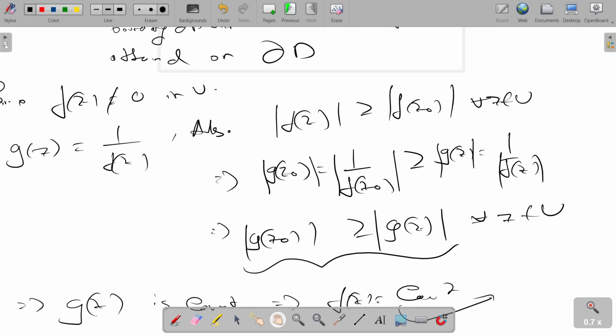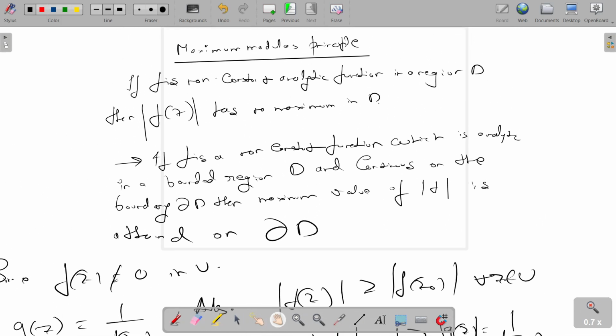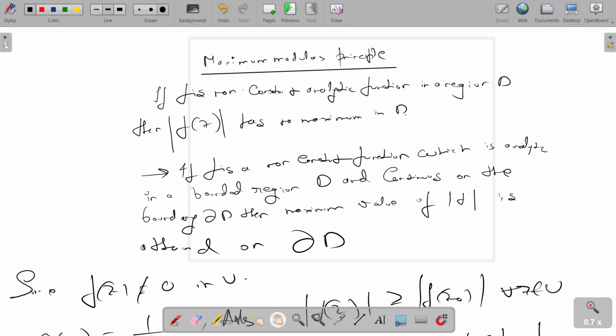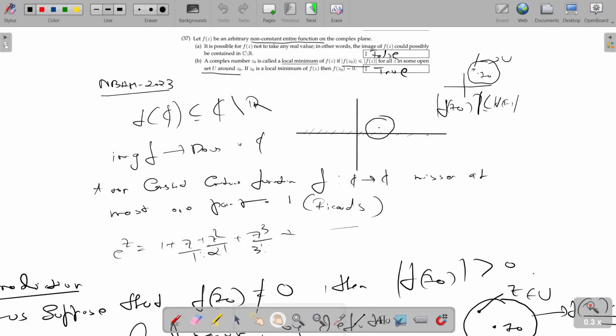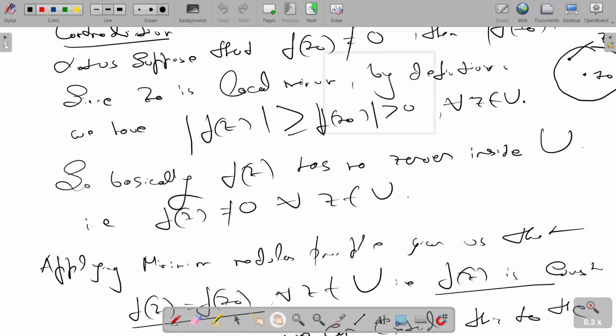We can use either the maximum modulus principle or the minimum modulus principle; it doesn't matter. So the first option will be false and the second option will be true. Yes, so I think this is the solution.